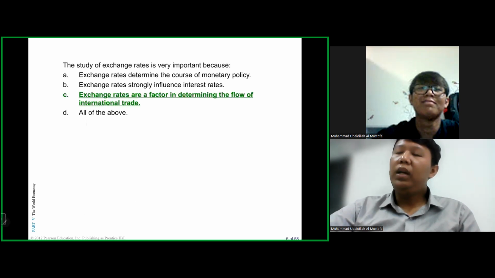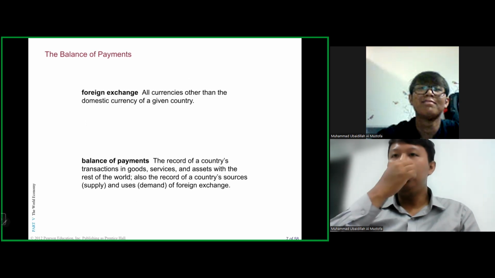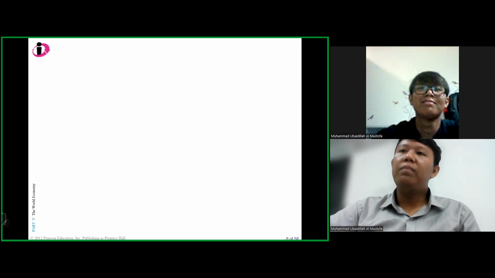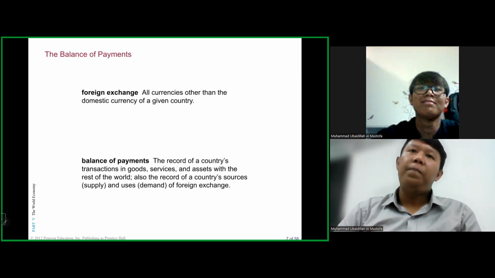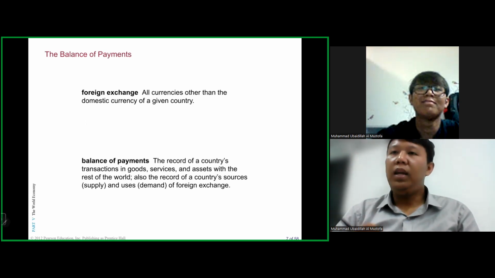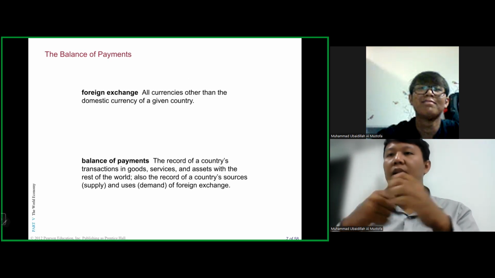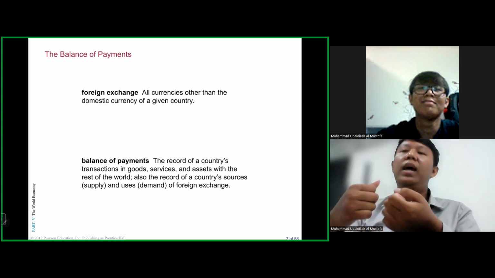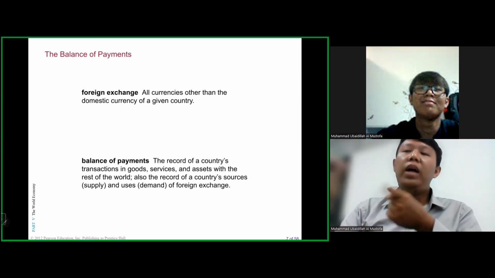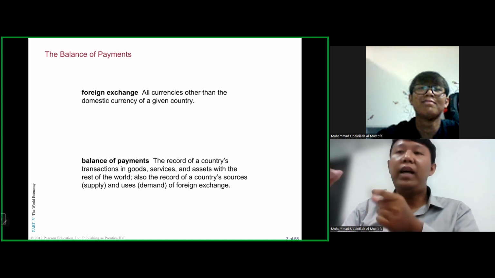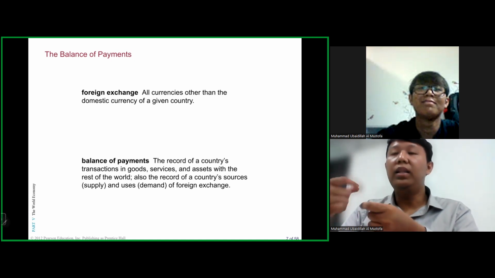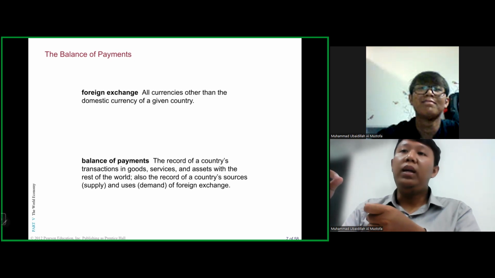In the last class, we have also introduced the balance of payment. We remember that one of the differences between open and closed economy is that the closed economy doesn't have net export. They don't have international trade between the country and others.